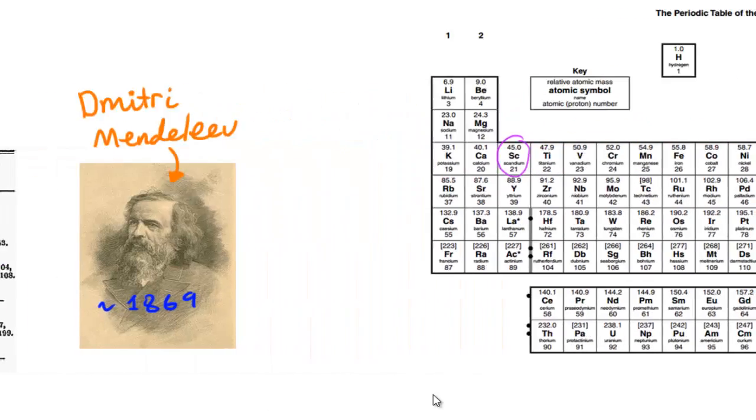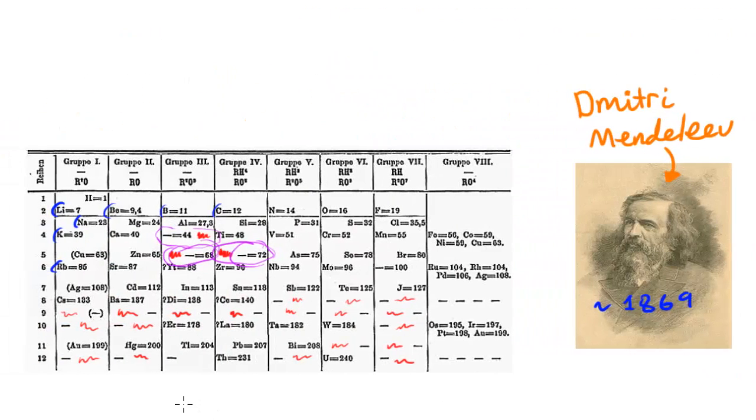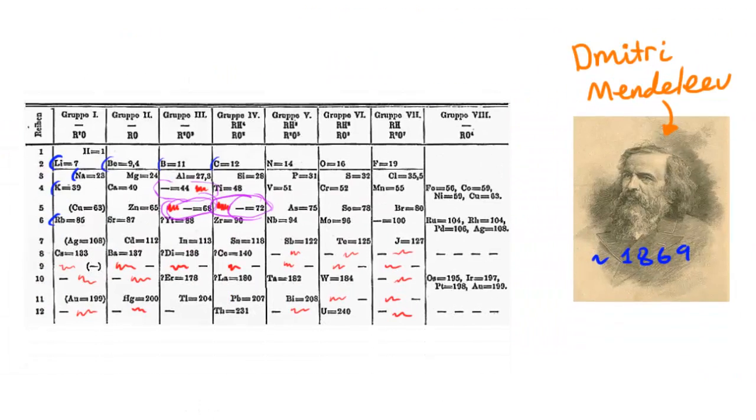So if I actually go back to the periodic table, 68 and 72, we have one which is very close to 68. It's 69.7, and that's gallium. So he predicted the existence of gallium, and 72, which was actually germanium here. So he predicted the existence of those two elements without them having been discovered yet.